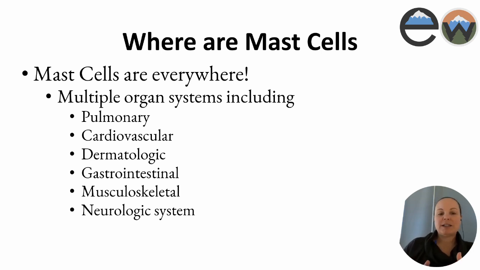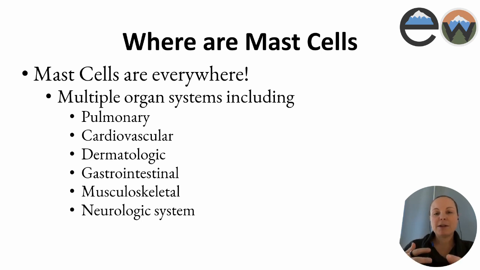So pulmonary system, so that respiratory system, lungs, respiratory passages; cardiovascular, our heart and arterial and venous system; dermatologic, so the skin; gastrointestinal, our gut, especially high level of mast cells there; musculoskeletal, and also our neurological system as well. Yes, you can have multiple different systems affected depending on what your personal presentation is, and possibly on what triggers the mast cells think they're helping with, and that might be where the focus of the reaction is happening.